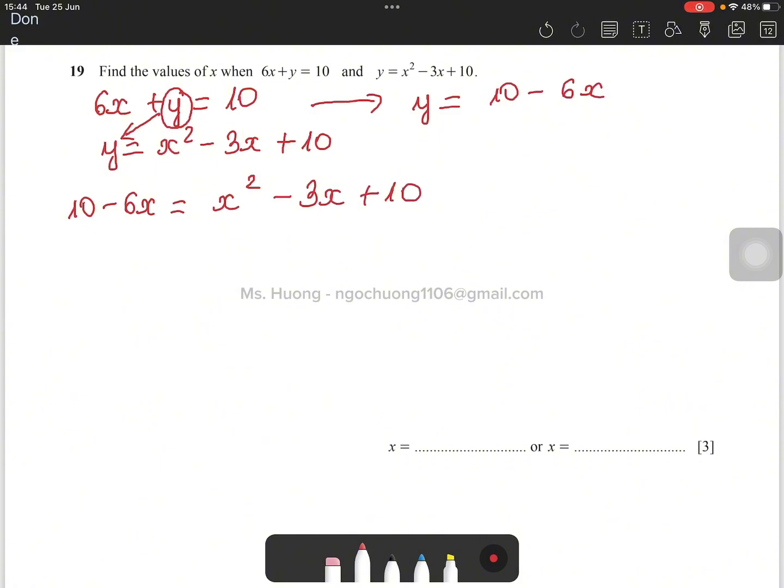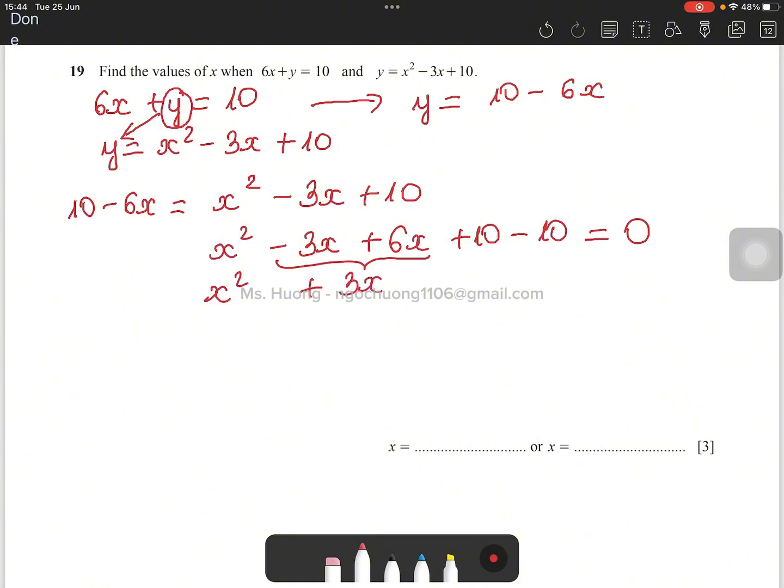So I will add 6x and subtract 10 from both sides. Then we have x squared minus 3x plus 6x plus 10 minus 10 equals 0. x squared, minus 3 plus 6 means plus 3x, minus 10 plus 10 is 0.